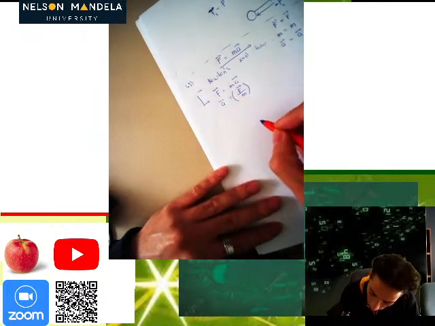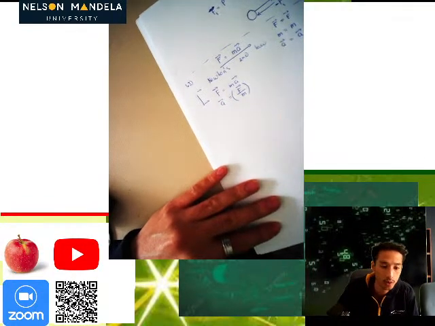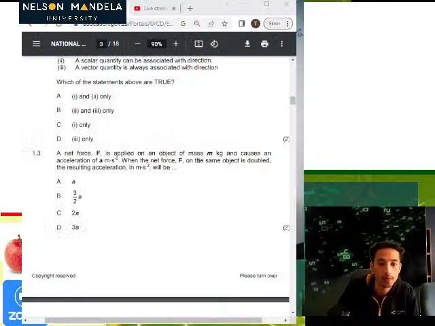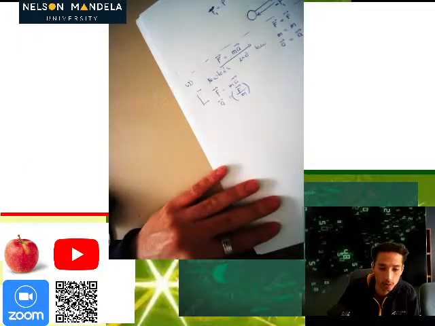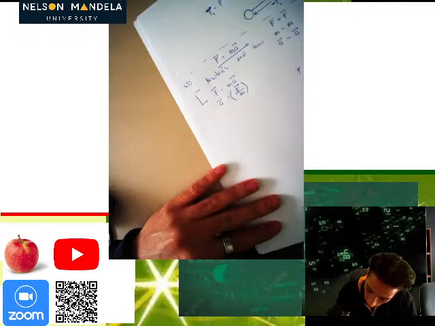Now it says that on the same object, the force is doubled. So that means now we're dealing with a force, let's call that force F2.